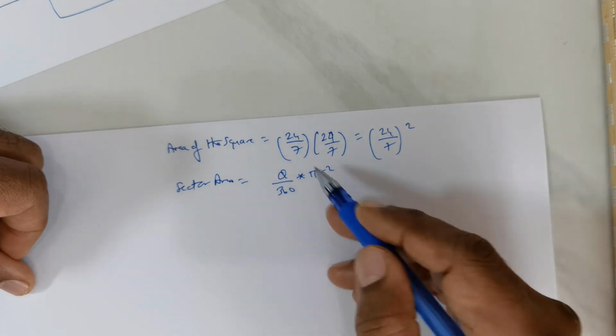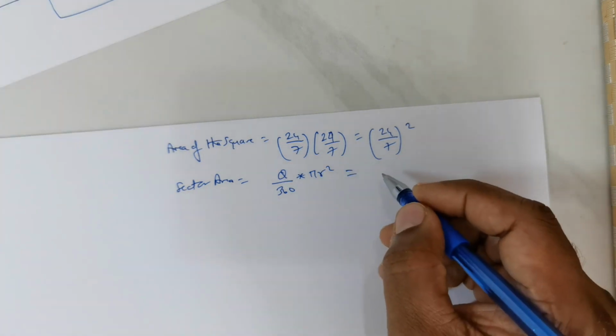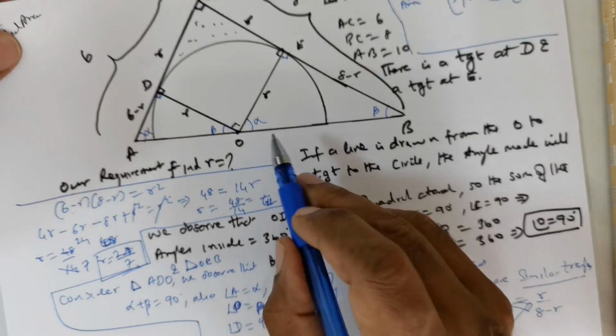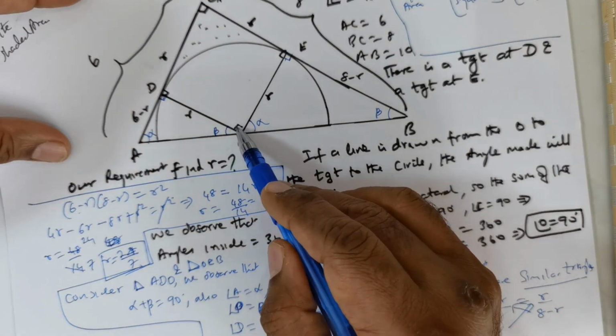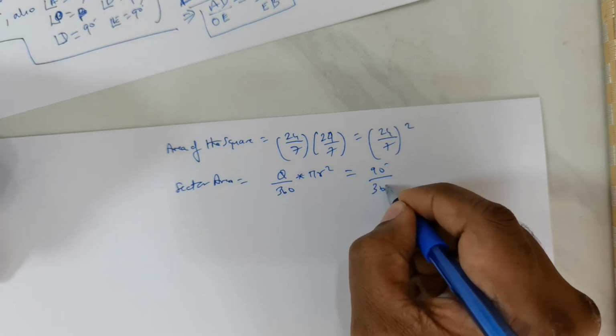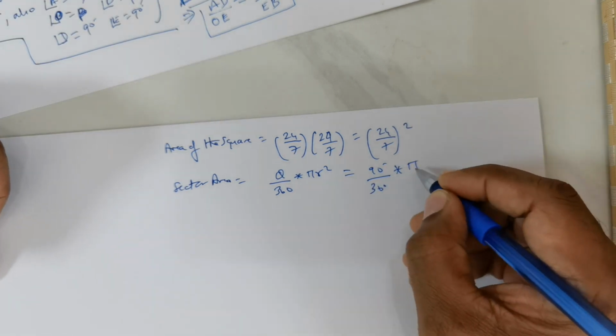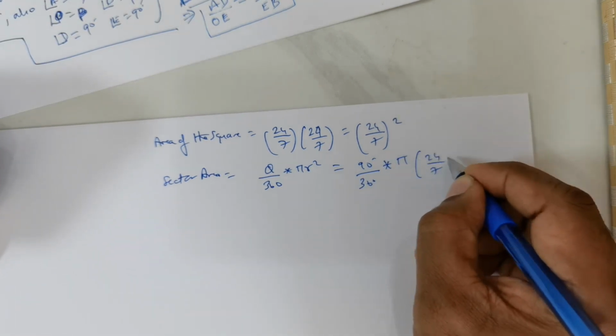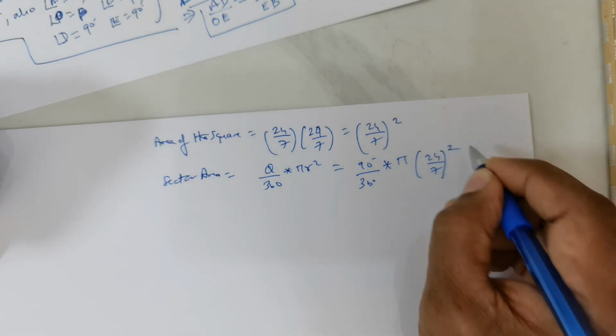Okay, so this is the formula. So what is theta? Now clearly we have found that to be 90 degrees. So 90 degrees divided by 360 multiplied with pi times 24 over 7 whole squared.